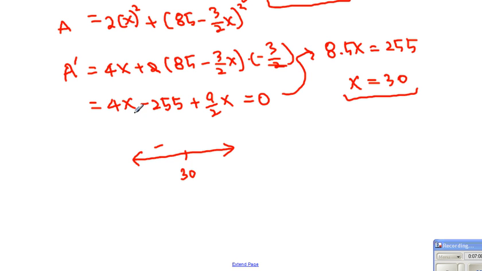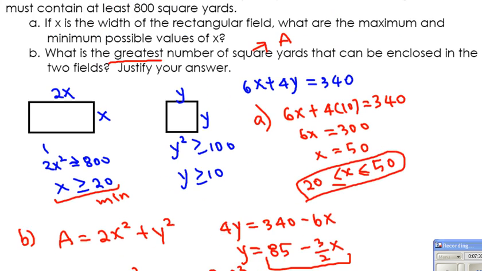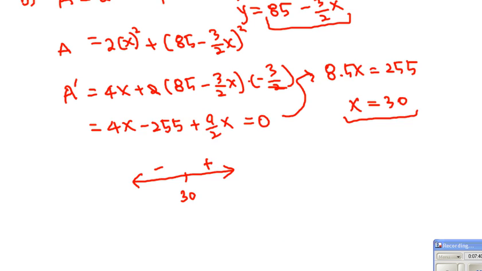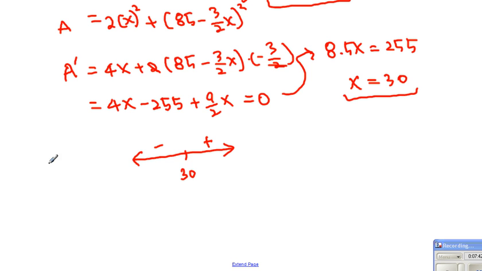On the other hand, if you plug in positive numbers such as 100, this portion would be positive. So we realize this becomes the minimum. But once again, we're going to check three areas, since we're looking for the greatest number of square yards. So x being 30 is the one critical point, and the other two for x can be 20 and 50. Let us plug in those values.